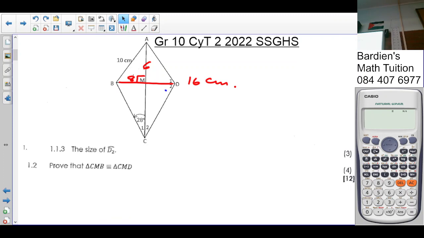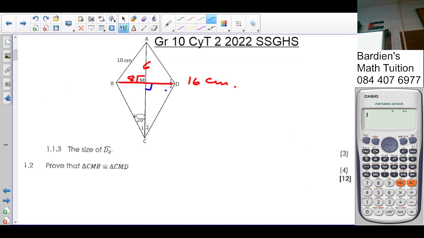Okay, D2. This angle is 28, that is 90, so I can work out D2, not so? You all agree this is 90 here. This is 28. Why is C2 28? It's also a property of a kite, not so?